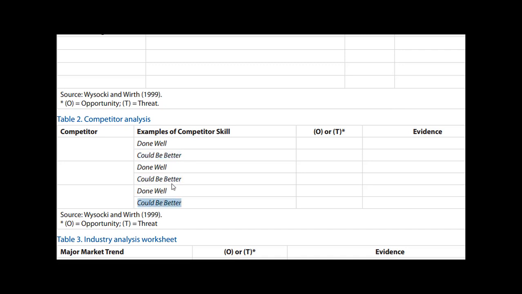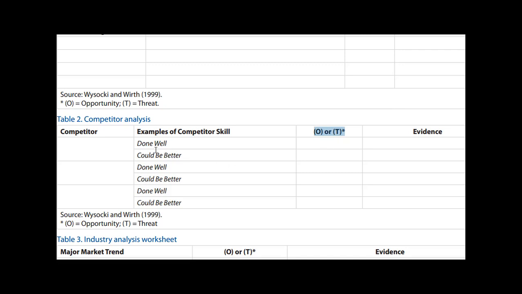So you basically try to identify the strengths of your competitors, and then you try to match those things of your competitors with your capabilities by labeling them as an opportunity or threat.